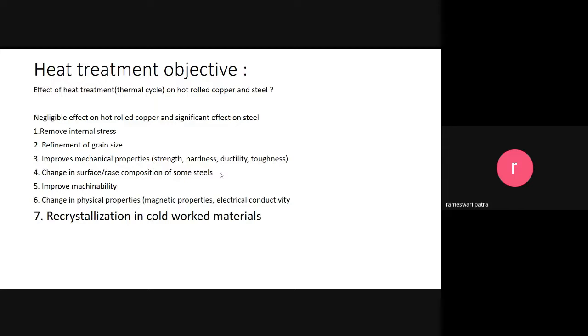Because with the change in temperature, copper doesn't change its phase, whereas steel changes its phase. Steel is an alloy of iron, and iron always shows allotropic transformations. So due to the change in phases or structures, the property changes.